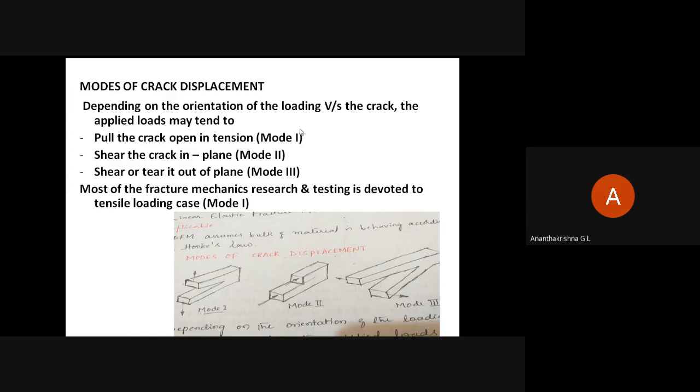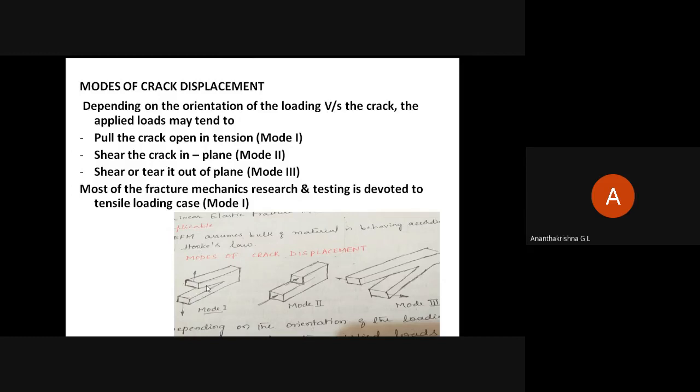Depending on the orientation of loading, whether it is tensile load, shear load, or equal and opposite loads, is what we need to see here. Depending on the orientation of loading versus the crack, the applied loads may tend to pull the crack open in tension. That is essentially mode 1. You are going to pull these two in opposite directions like this.